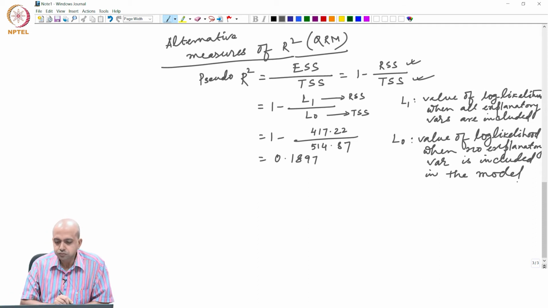This is one thing you have to keep in mind, which is called pseudo R square.